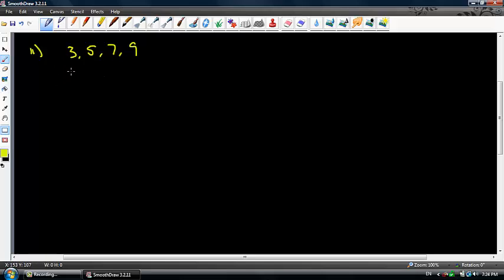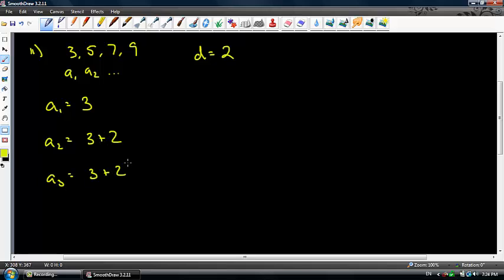The common difference is 2, so a sub 1 is equal to 3. A sub 2 is equal to 3 plus 2. A sub 3 is equal to 3 plus 2 times 2. So a sub n is equal to 3 plus 2 times n minus 1.